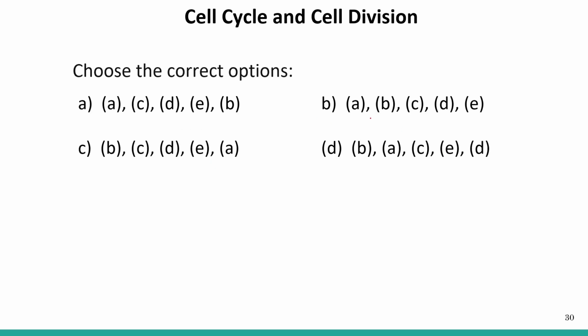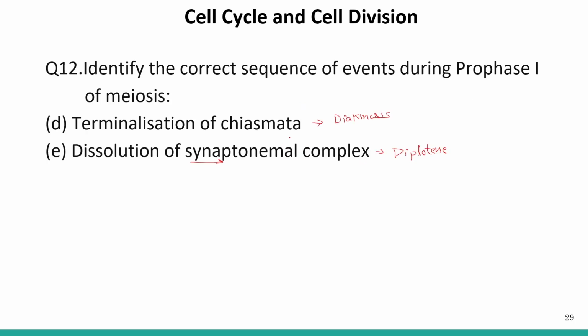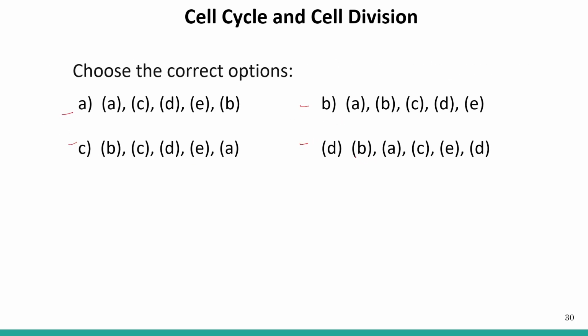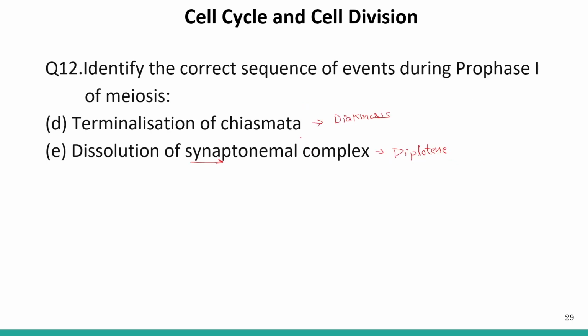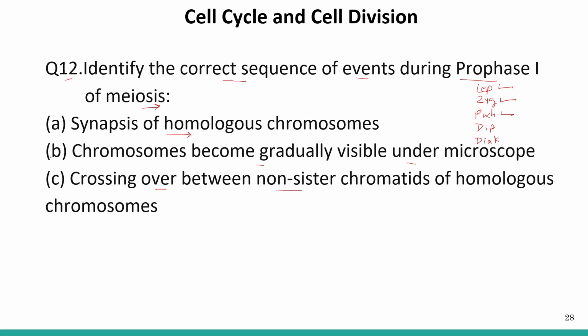So what should be the answer? These are the options. The answer is D. Let's again check our answer. Here they are saying D, B, A, C, E. First, chromosomes become gradually visible under the microscope, so the first stage is leptotene.